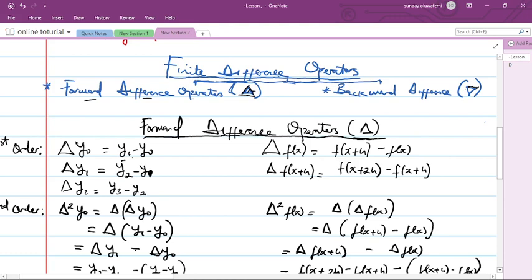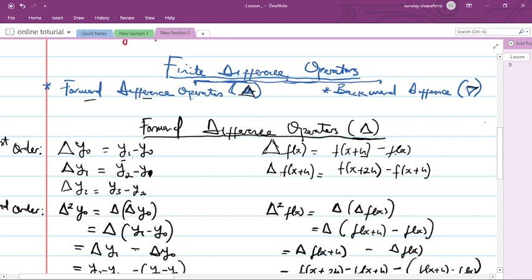That is if your function is in the form of y subscript n. But if your function is a function of f of x, then the forward difference operator applied to f of x, with a step forward denoted as h, will be f of x plus h minus f of x.